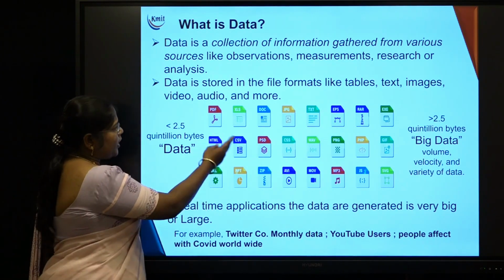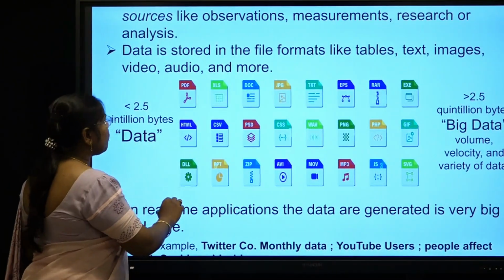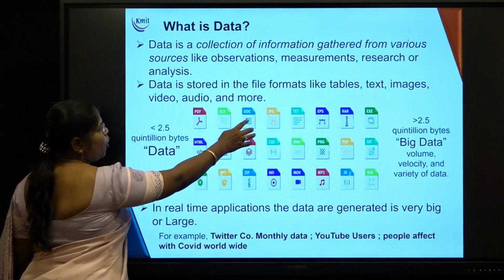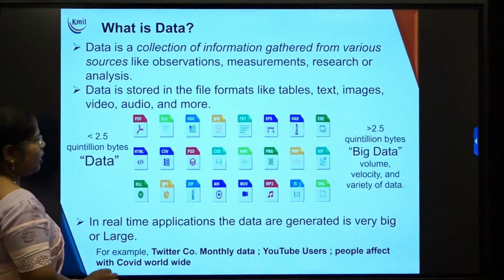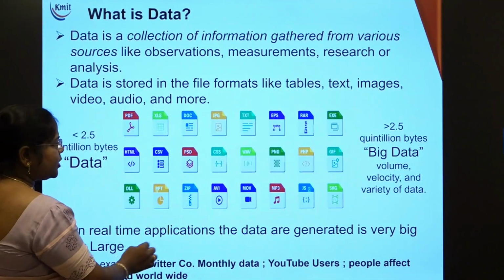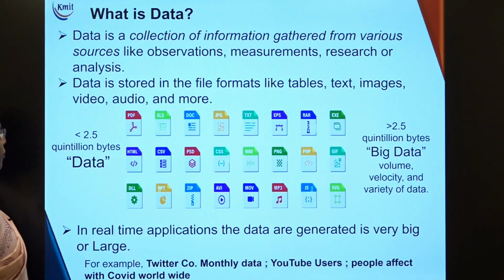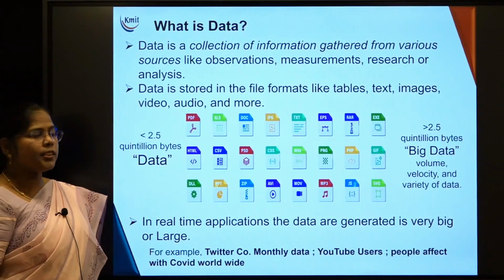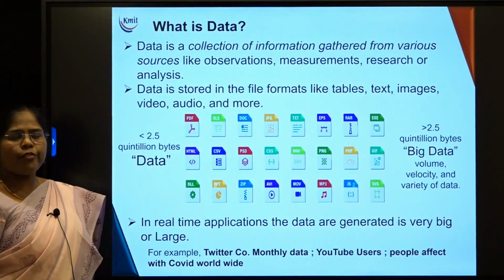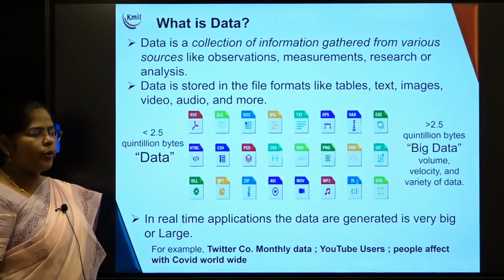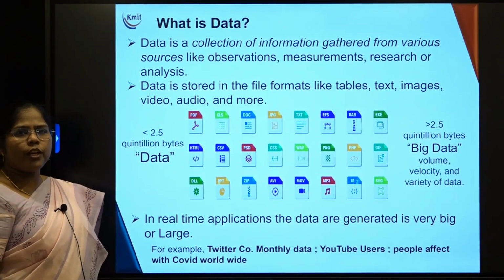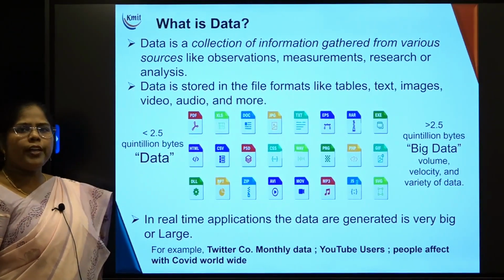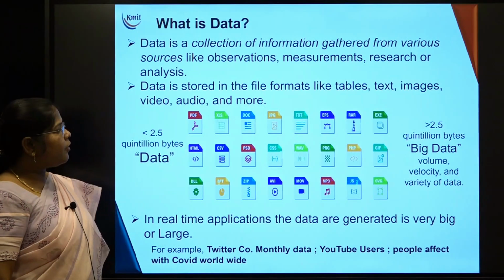If you see, there are many icons. In these icons, we have PDFs, Excel, doc files, JPEG files, WAV files, movie files, AVI files, etc. In PDF and doc we have text files, whereas in WAV or MP3 files we store audio data, and in movie files we store video data.